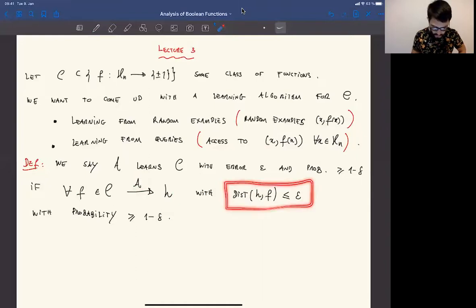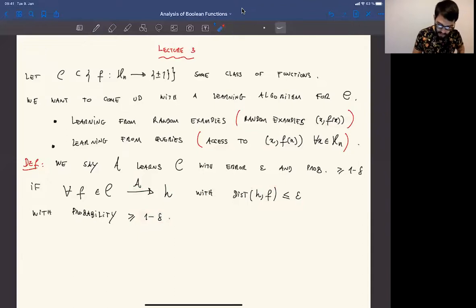This happens with some probability: the probability that your output h satisfies this is greater or equal than 1 minus delta. So it's a large probability.